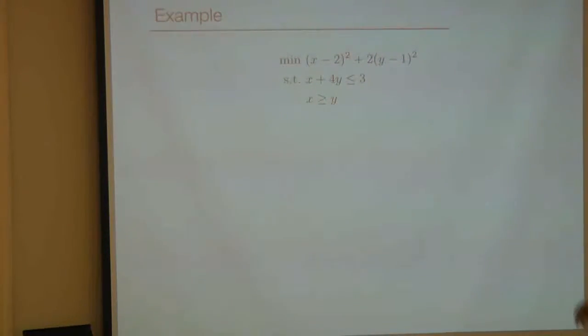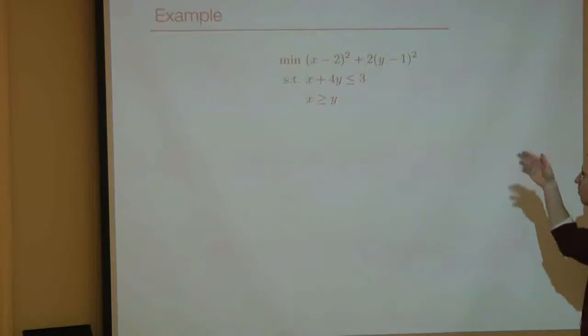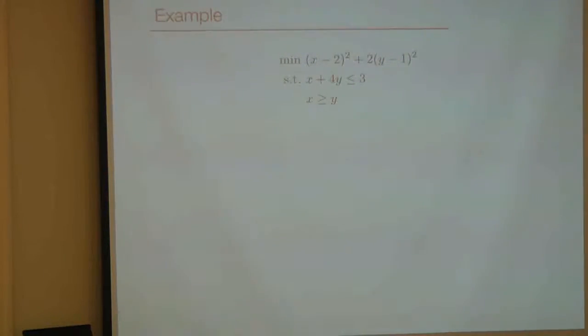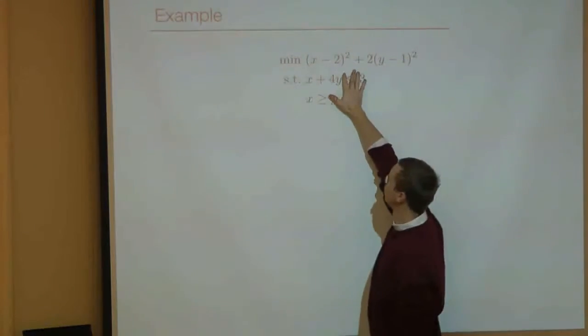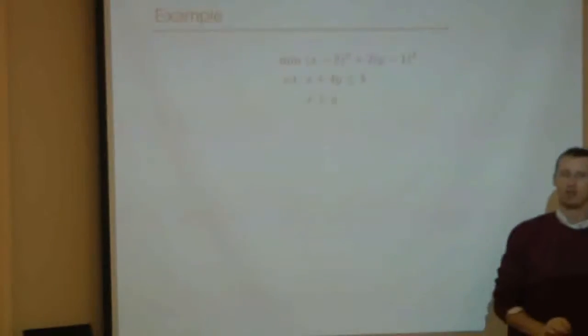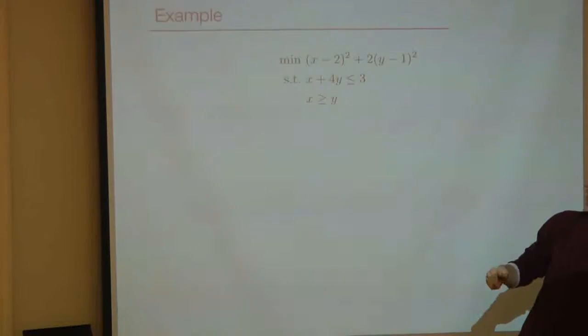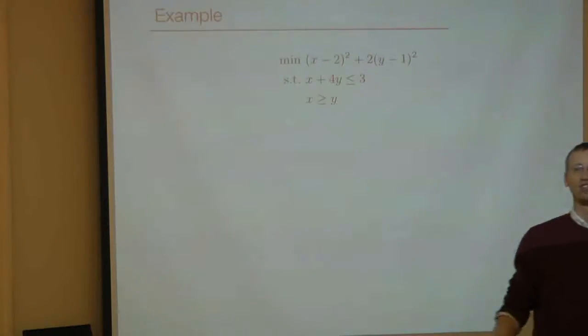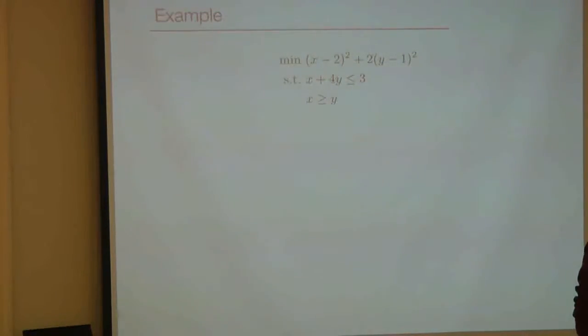Okay, something more complex. So can somebody tell me, just by looking at it, what would be the optimum here? Well, if we would neglect the constraints, then the optimum is when x is equal to 2 and y is equal to 1, right? The question is, does this solution satisfy constraints or not?